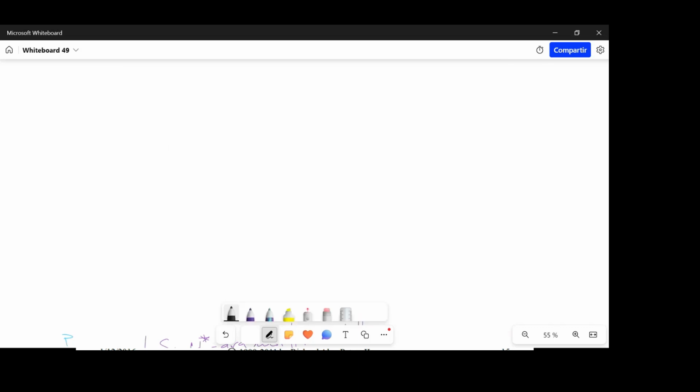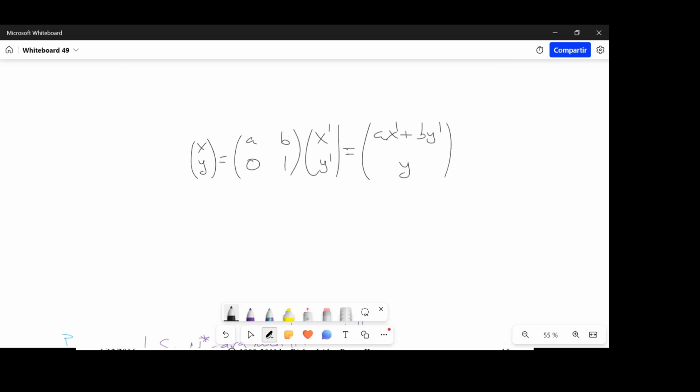X, y is equal to 0, 1, and then we have something like A and B, and then X prime, y prime. So y and y prime are the same, and X is not. This is what we wanted.